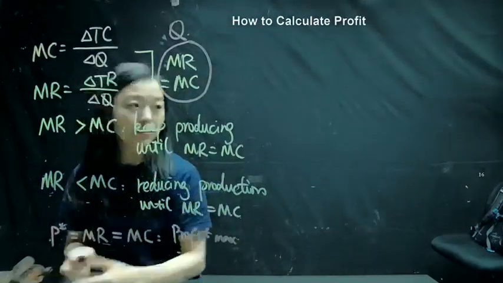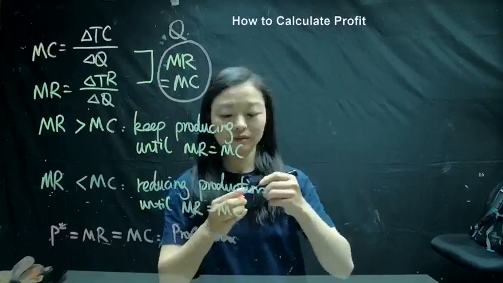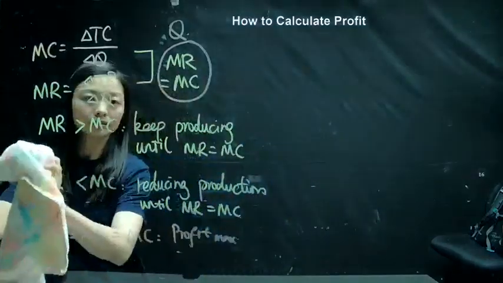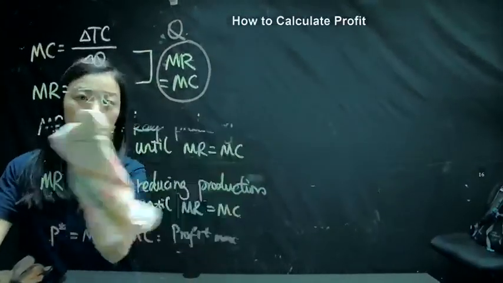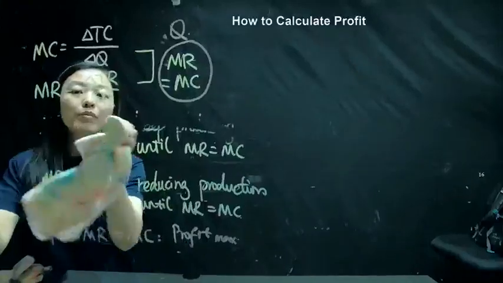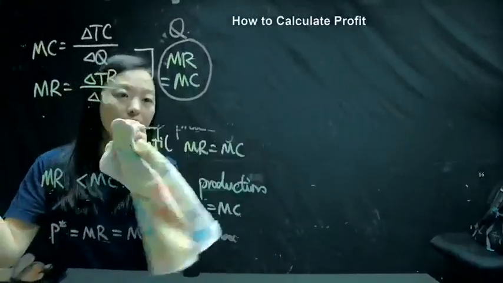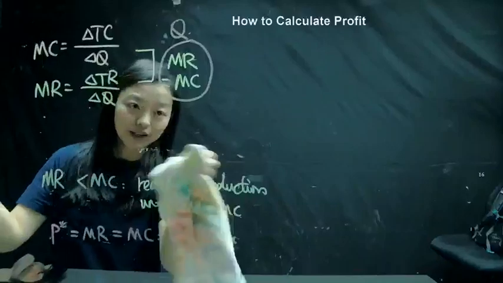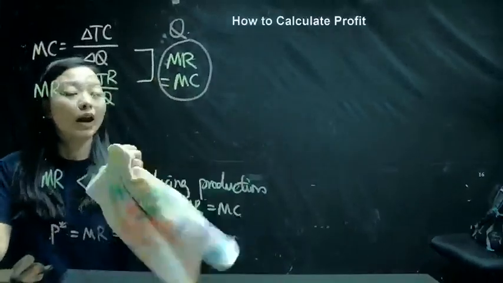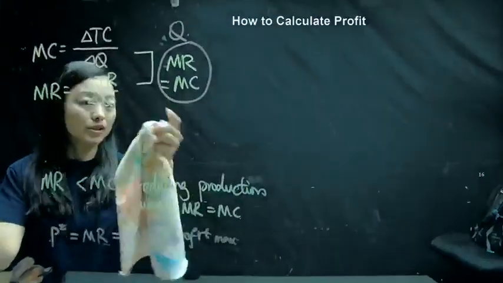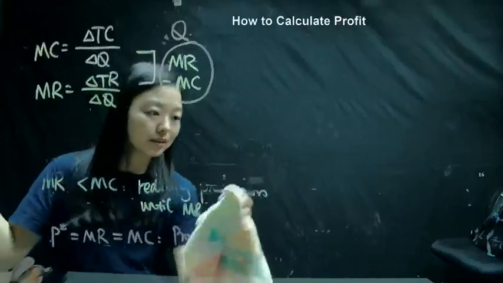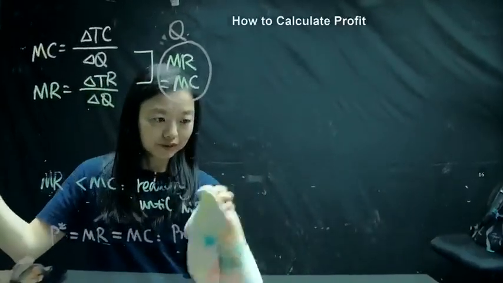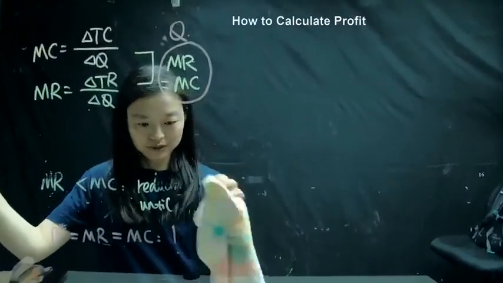Remember that we will choose the quantity that makes our marginal revenue equal to the marginal cost, right? And I also want to show this part through a graph. Let me erase these first.